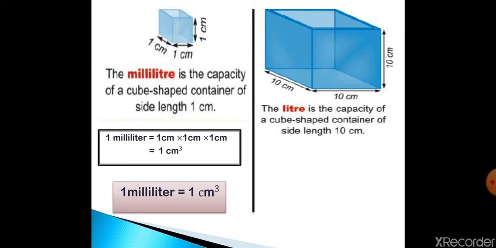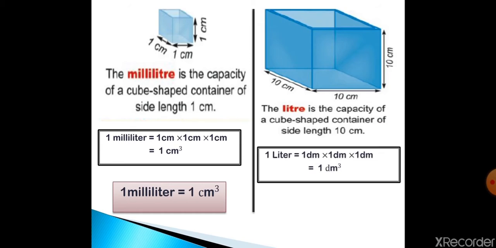Okay, what about the liter? The liter, as we said, is the larger unit of measuring capacity. So for the 1 liter, here I put 1 decimeter multiplied by 1 decimeter multiplied by 1 decimeter. Why do I put decimeter? Because as we know, 1 decimeter equals 10 centimeters. So I consider the edge of this cube that equals 10 centimeters as 1 decimeter.